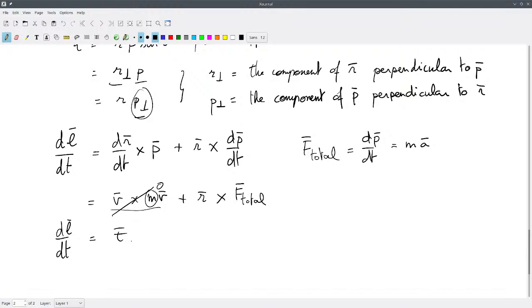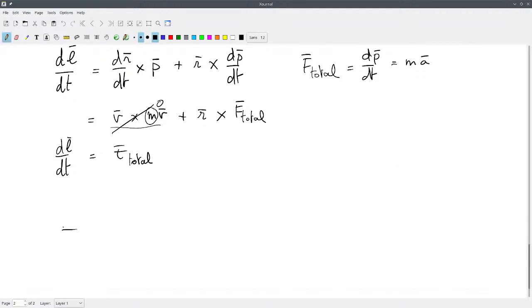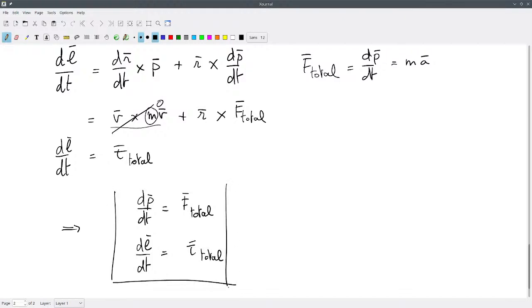So if we end up here with tau, the torque, this is the total torque from all forces that apply to this particle. But what it results in is essentially that in addition to our dp dt being equal to the net force on a particle, dL dt will be equal to the total torque on a particle.